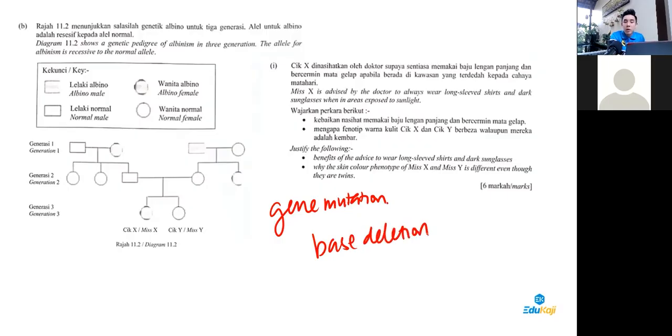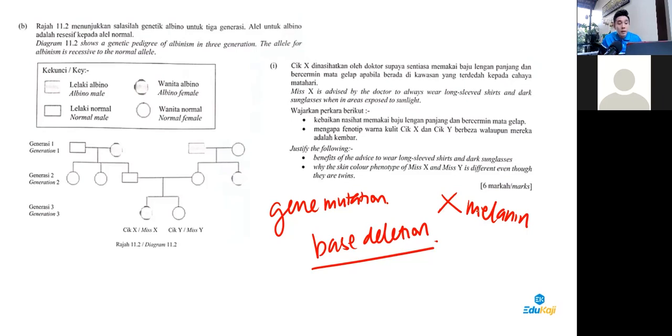If you haven't reached this topic, you might not understand what base deletion is. One of it is missing. So those who have albino, they have no or very little melanin pigment, and they are very sensitive to light, very sensitive to sunlight, and can easily get sunburn. Okay, their skin can easily get sunburn.